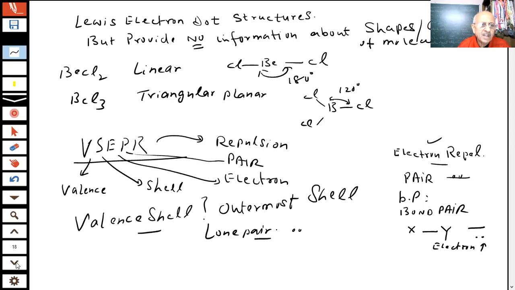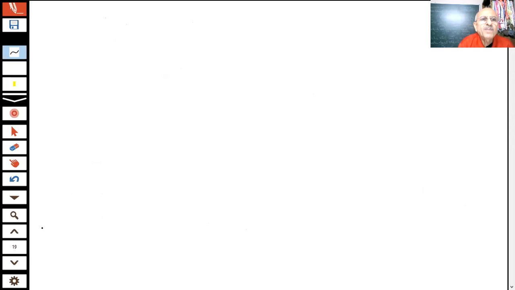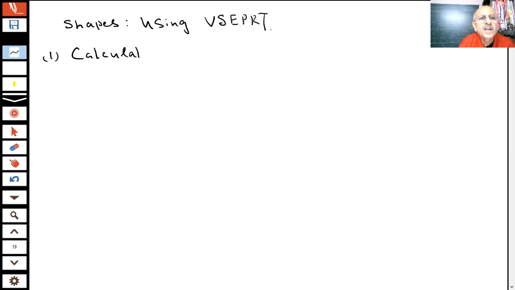What are we saying further, students? How do we predict and give the shapes using valence shell electron pair repulsion theory? We have to calculate, first, the number of electrons in the valence shell of the central atom.